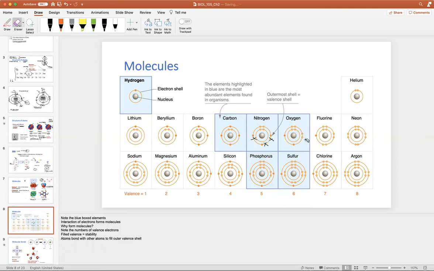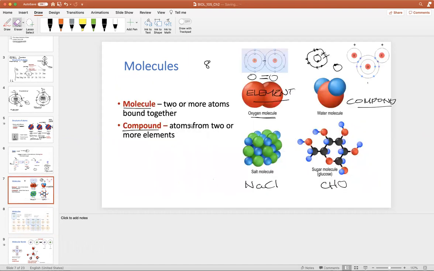It's got a heavier drive to fill this outer valence because it's only lacking 2. We're going to talk about that in terms of something called electronegativity, okay? If you can fill the outer valence, that makes things more stable. And so that's what we saw here, where they're sharing electrons to effectively fill that outer valence.